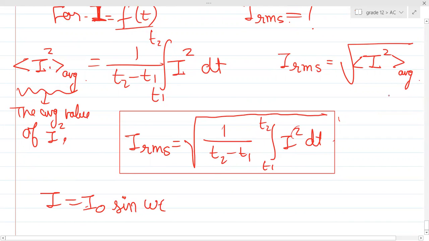Although we'll be doing it, don't worry. Just try to do it on your own so that your understanding of this concept, this formula, becomes easier. Limits are up to you, over a full cycle or a half cycle. You can try both or only one. I just want you to be aware of this formula, so at least you can do some problems.